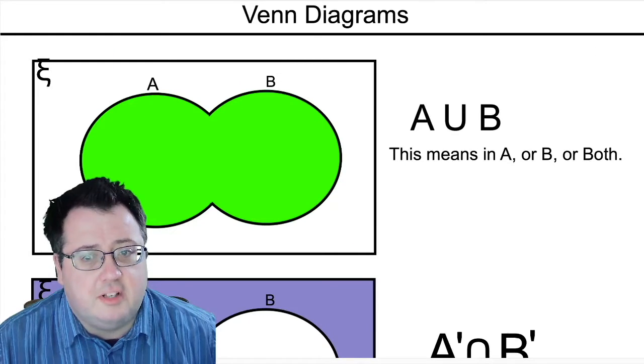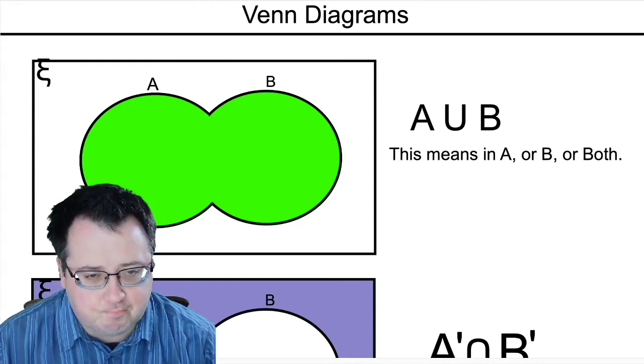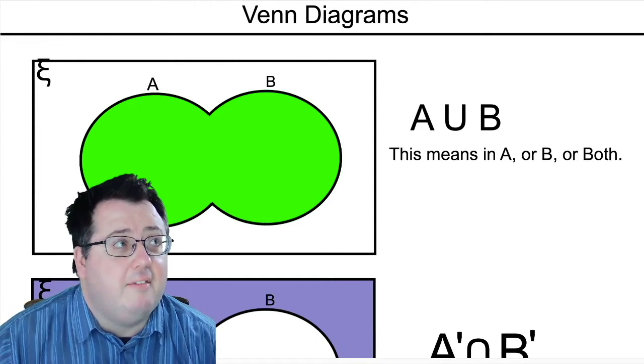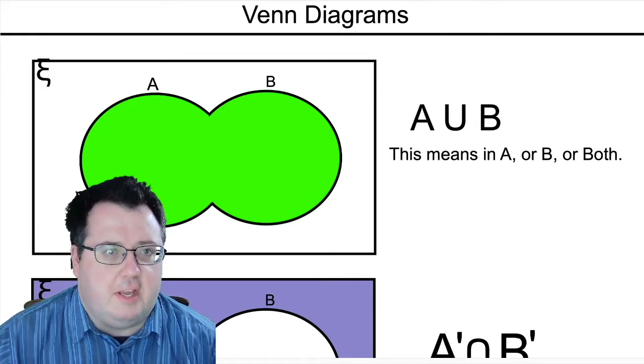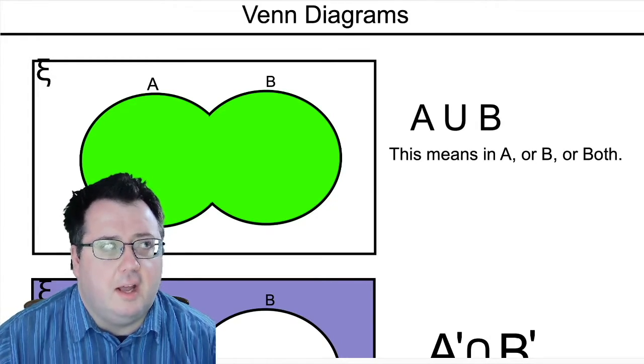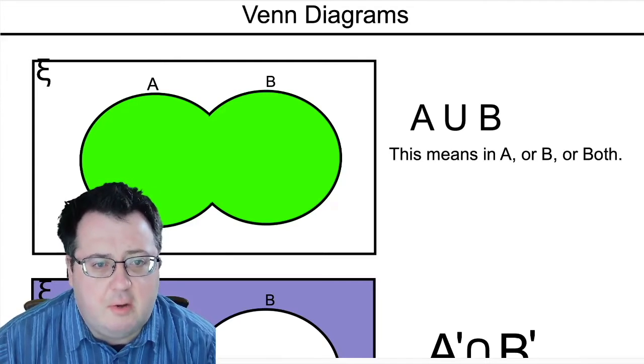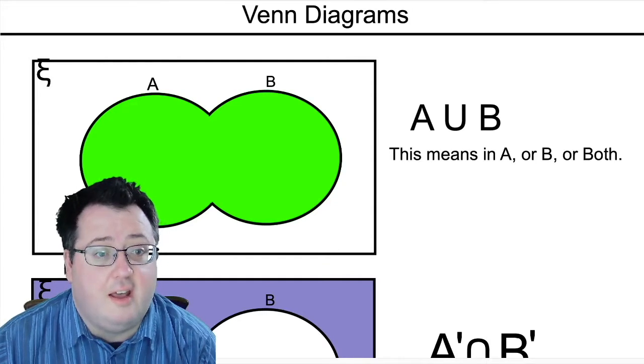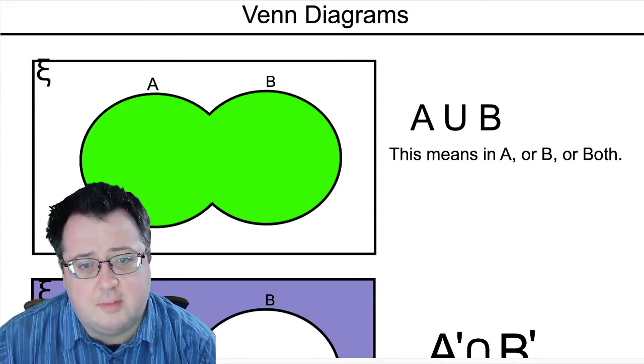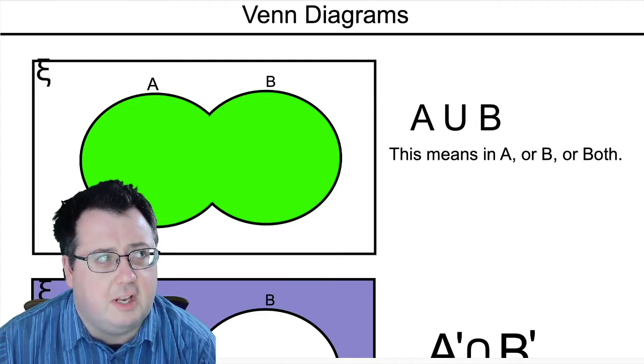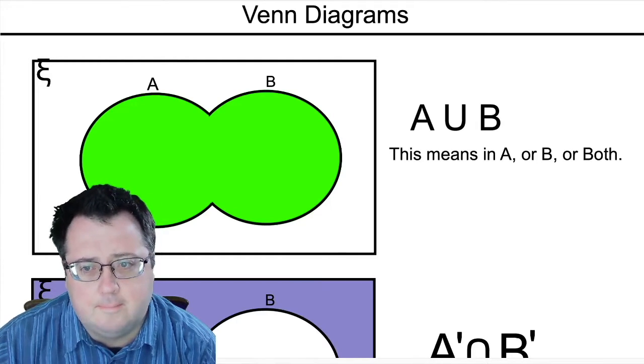So here's where some learning comes in. If we have A union B, A union B is anywhere inside either A or B, and it's the binocular shape that I've drawn in here. Okay, it means in A or B or both.